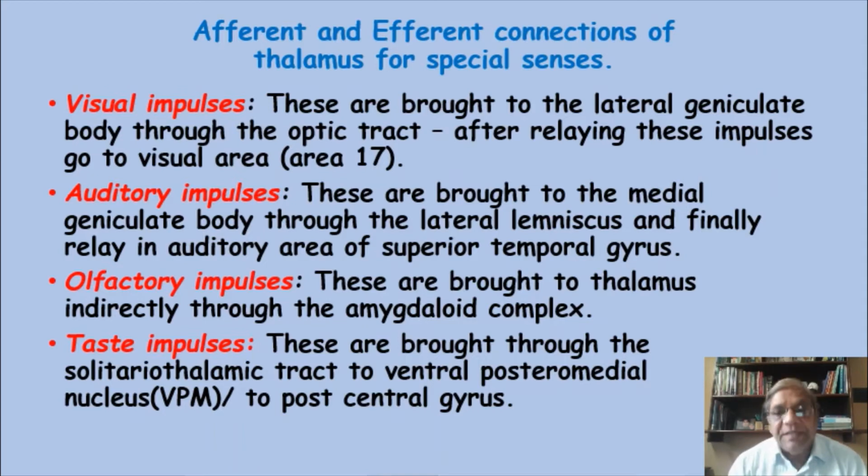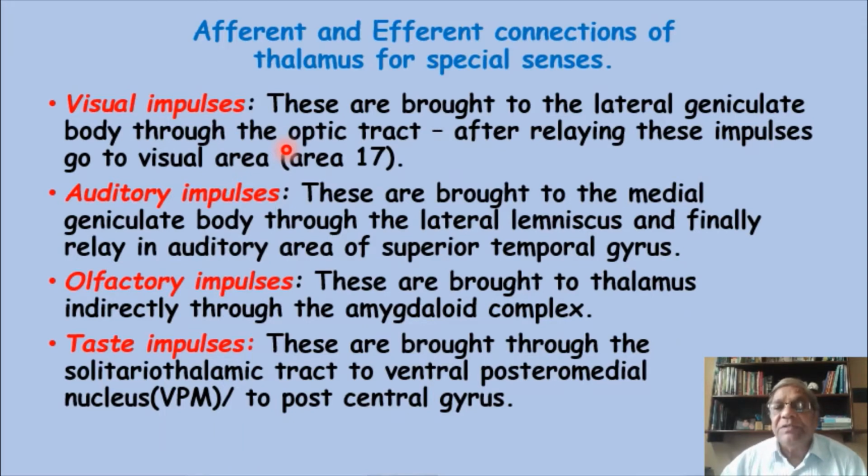I will deal first with the afferent connections, meaning fibers coming to the particular nucleus or nuclei of the thalamus. There the relay will take place, and then the efferent fibers will go to relay to some other part of the central nervous system. So let us come to the afferent and efferent connections of thalamus for spatial senses.